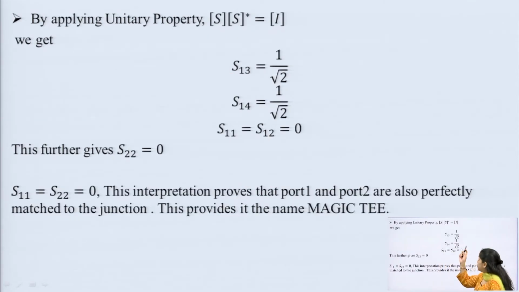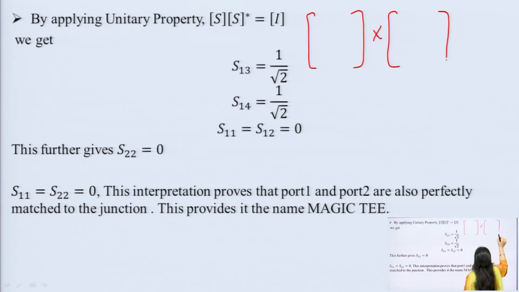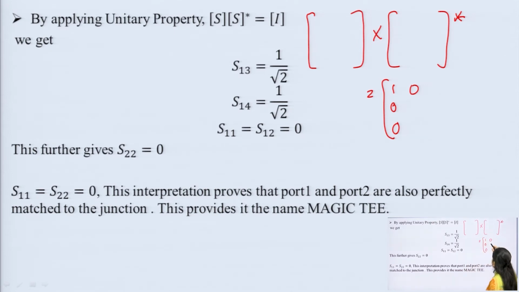Now, in the third step, we are going to apply the unitary property. As per the unitary property, whatever matrix we have multiplied with its conjugate, in turn it will give the unitary matrix, the identity matrix.